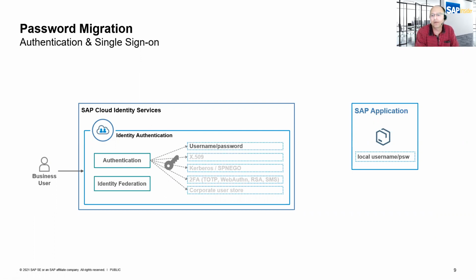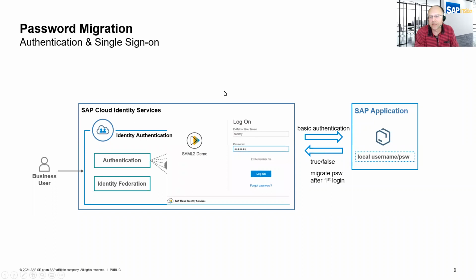So this local authentication should be migrated, ideally, to the central Identity Authentication Service. And the question is, how can this be done? Of course, none of the applications stores the credentials in plain text. So a simple migration, copying over to the central service, is not an option. So what is the approach that, for instance, SuccessFactors Basics or LMS have chosen?